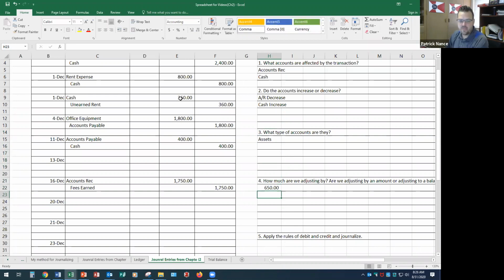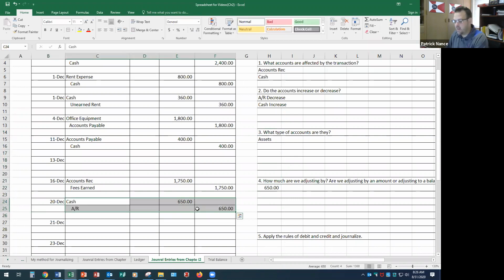And now it's applying the rules of debits and credits. So cash goes up by $650, and accounts receivable goes down by $650. I do not record, that's on the wrong date again, I do not record fees earned there because they're paying me for fees that I've already earned prior to this. So I cannot record that in fees earned.